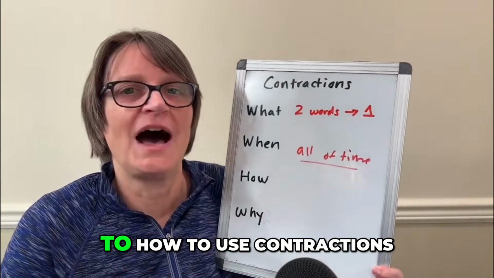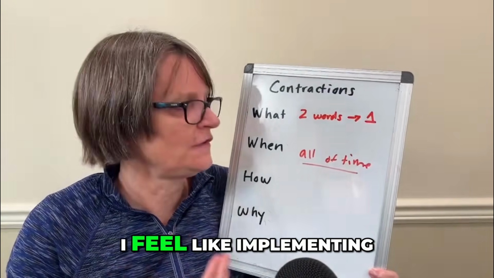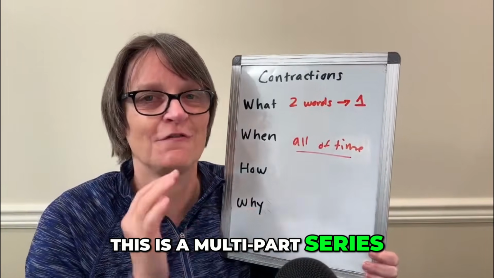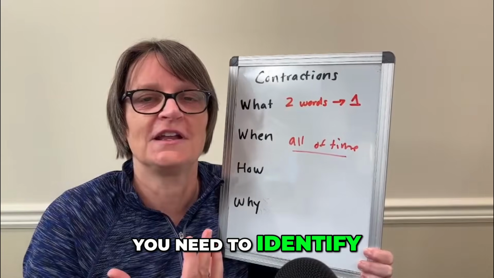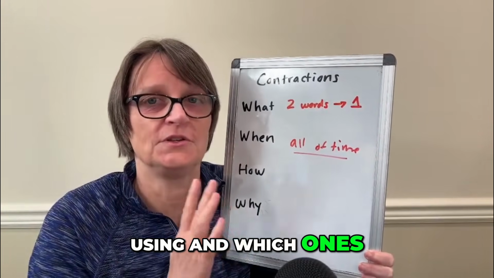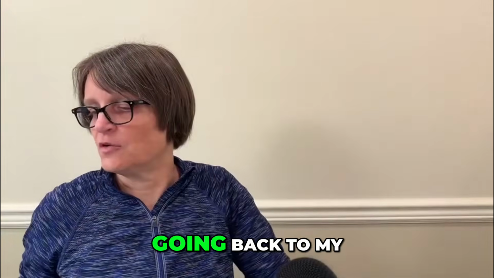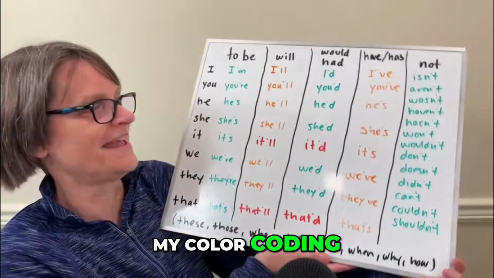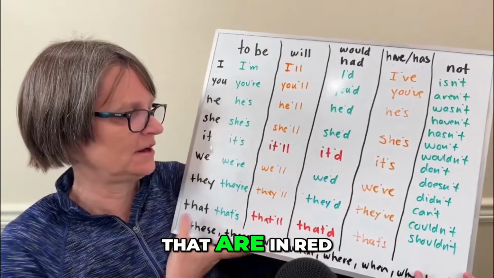So when it comes to how to use contractions, I feel like implementing this is a multi-part series. First of all, you need to identify which contractions you're already using and which ones you don't use. And going back to my chart here, I forgot to mention my color coding. You see there's a couple of these that are in red.